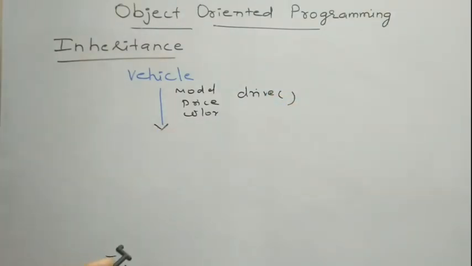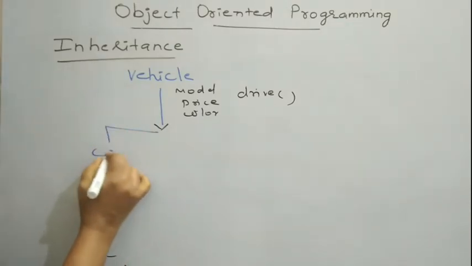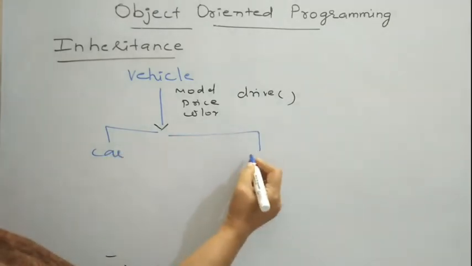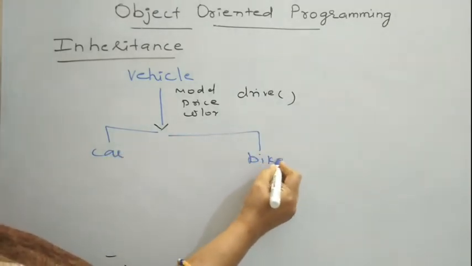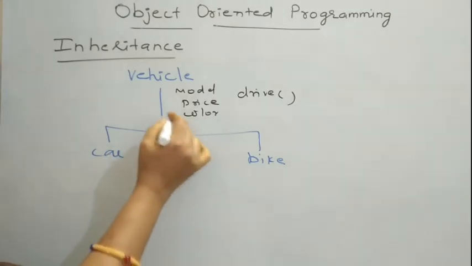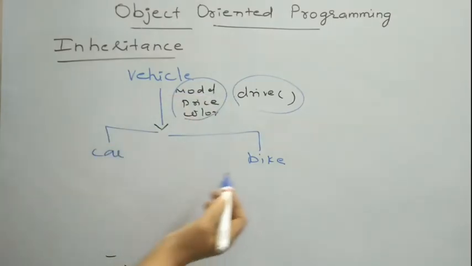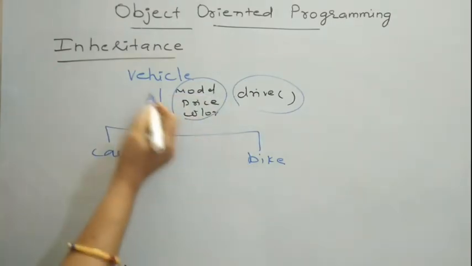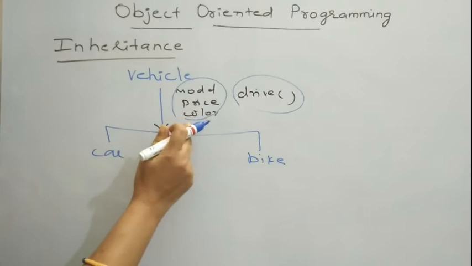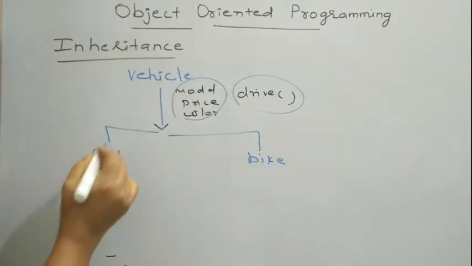Using this parent class, if I am creating two child classes, one is car and another is bike. By inheritance, car can access the data members and methods of vehicle. Likewise, bike is also a child class of vehicle which can access all the data members and methods defined inside vehicle.